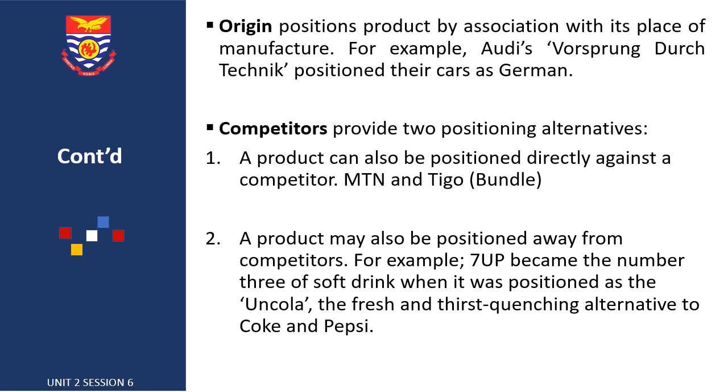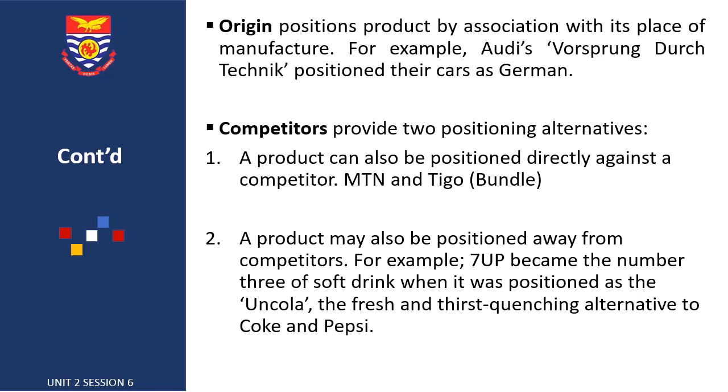For example, 7-Up became the number 3 soft drink when it was positioned as the uncola. The 7-Up producers came in to say that 7-Up doesn't have cola as compared to Coca-Cola. Even though cola nut is good, too much of its consumption is bad.